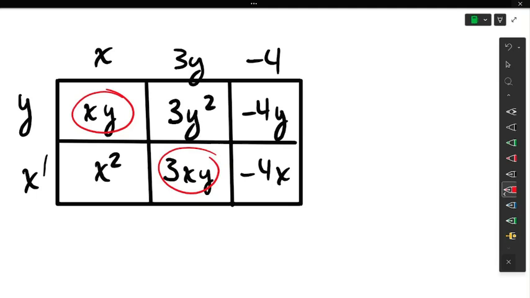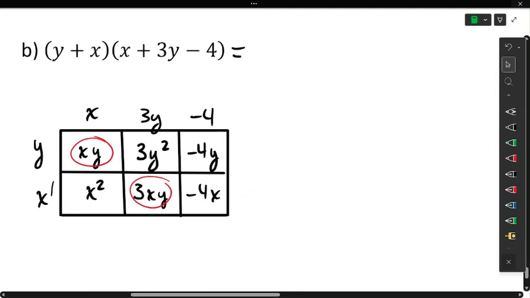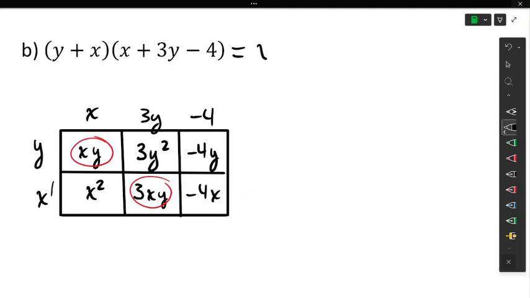So my final answer is going to be that this original problem is equal to the following. I'm going to write that it's got an x squared, check. It's got a 3y squared, check. It has plus 4 of these things called xy's, check.